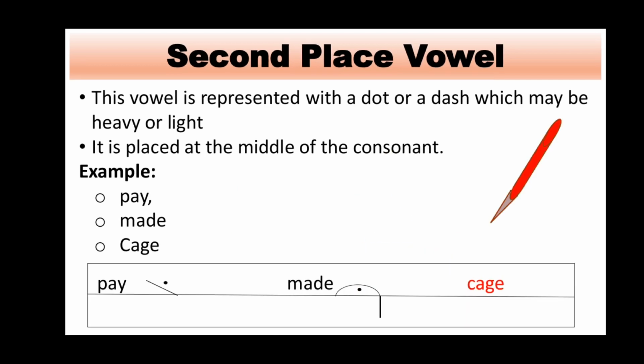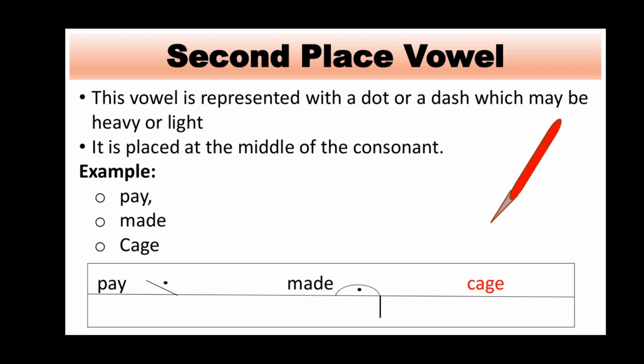So let's take the third word, which is cage. You can hear the sound K, A, G. K is a consonant, A is a vowel, which is a second place vowel, while G is also a consonant. In shorthand, it is the consonant that you drill, while we represent the vowel with either a dot or a dash.